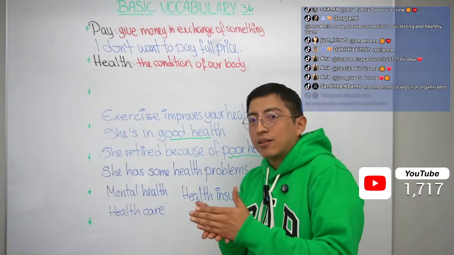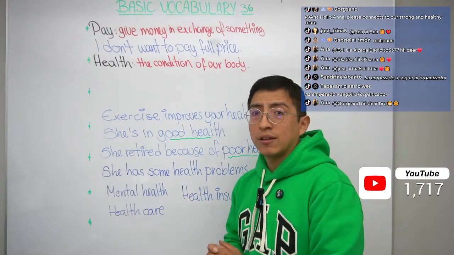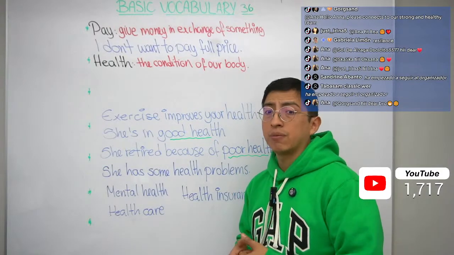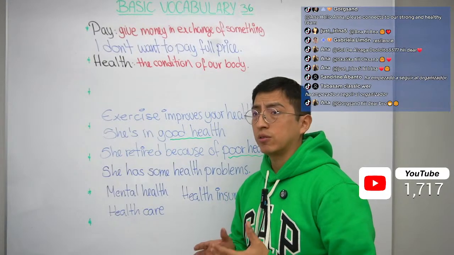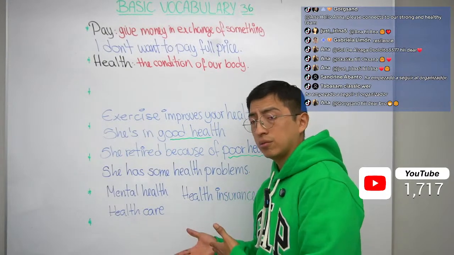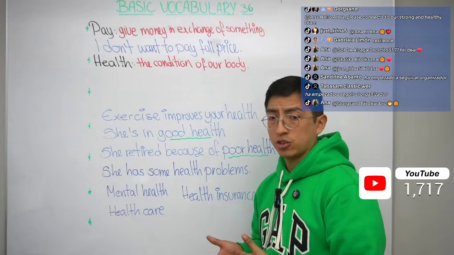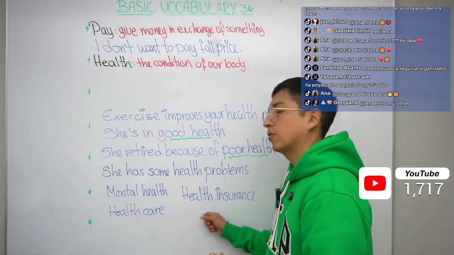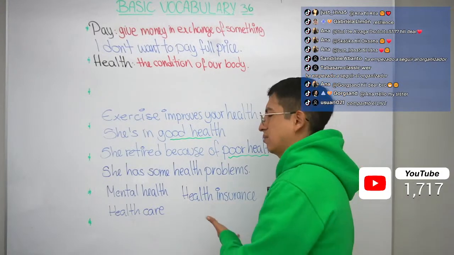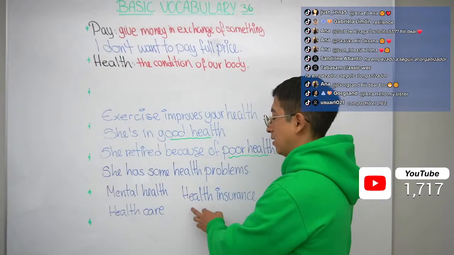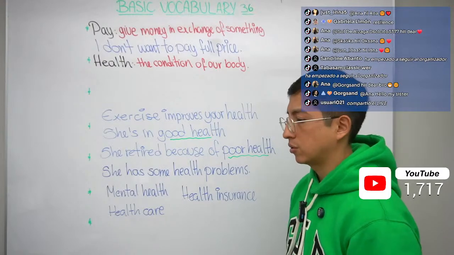Part of your salary goes to a health insurance, or maybe you can hire the private health insurance. So anytime you're sick or you don't feel good, you can go to a clinic or you can go to hospital to receive medical attention. Yeah. So this is part of, we can say like a program, no? That helps you to pay health insurance. Yeah, or to have a health insurance.